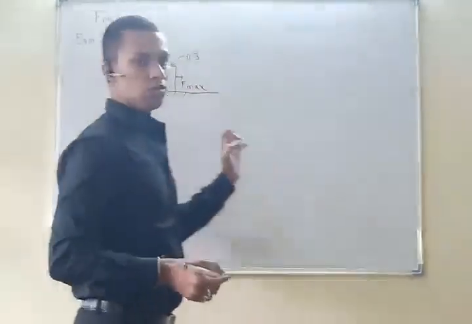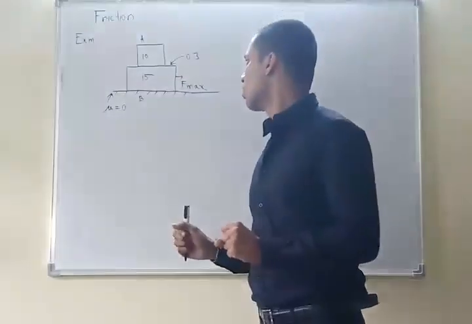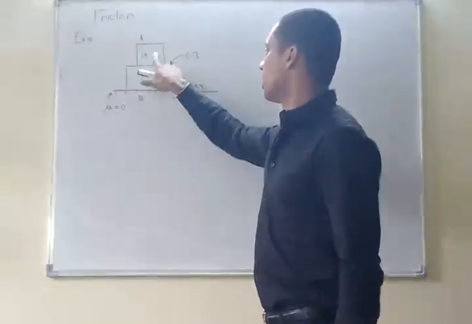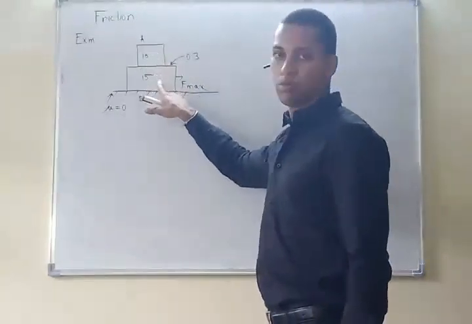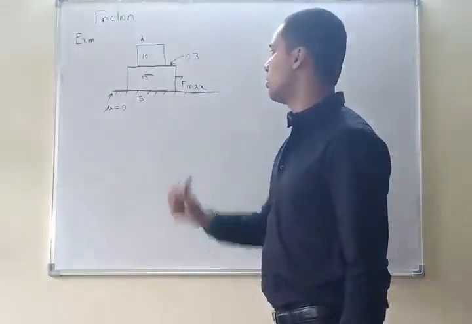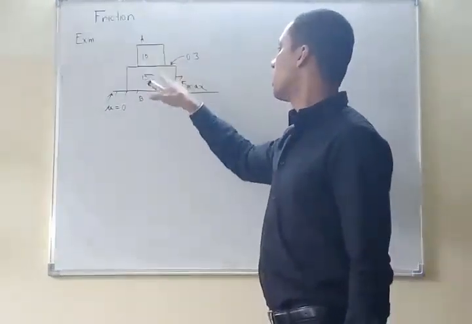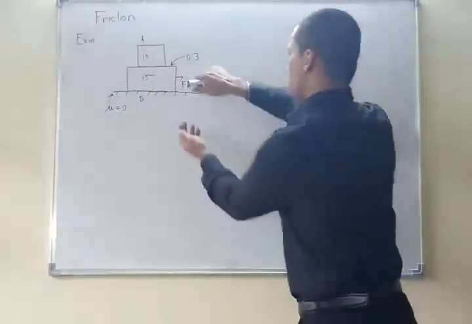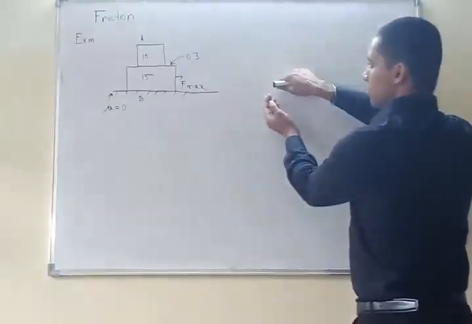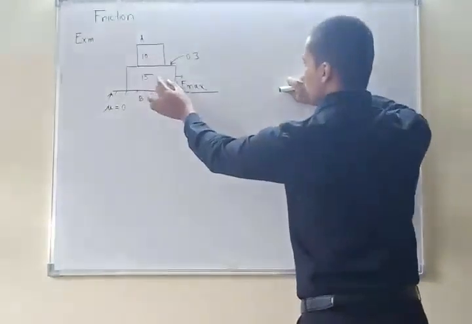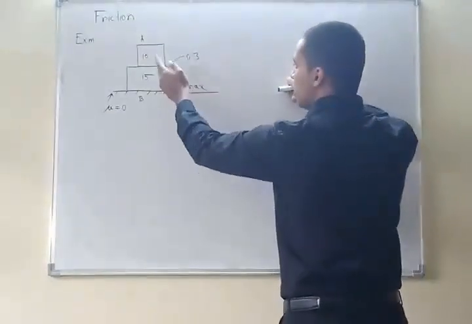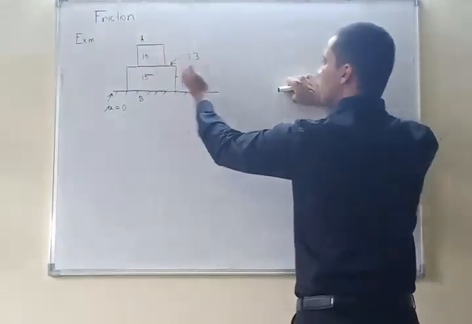Always remember, for this kind of thing, till the point when the acceleration of block A is equal to the acceleration of block B, till that moment block A and block B will be moving together. What do I mean? I am pulling this with a force. This block will move in this direction, and along with it, it will take this block also in this direction.